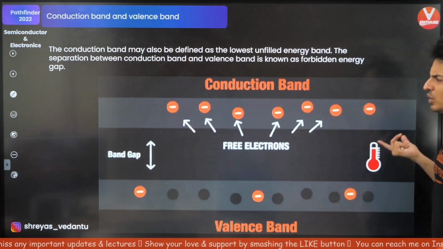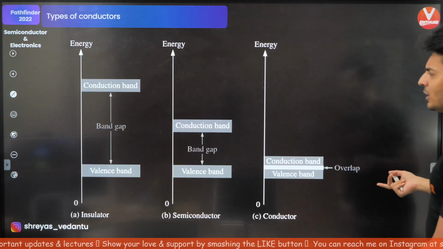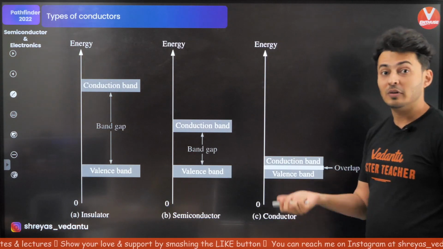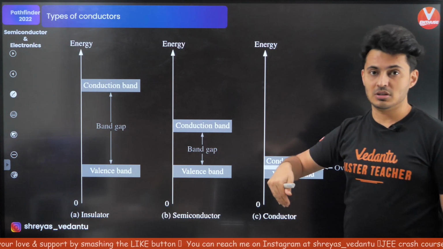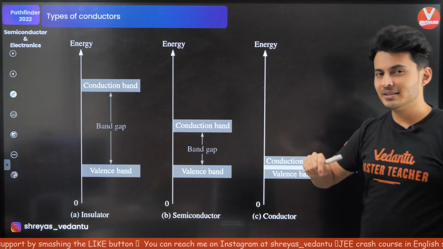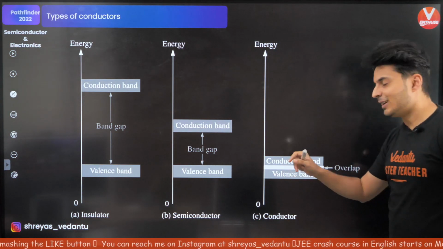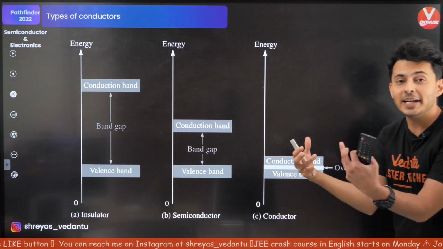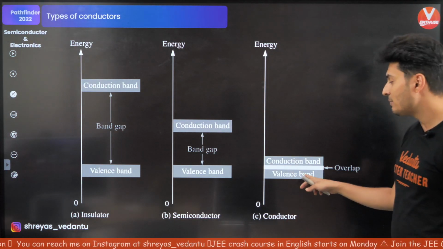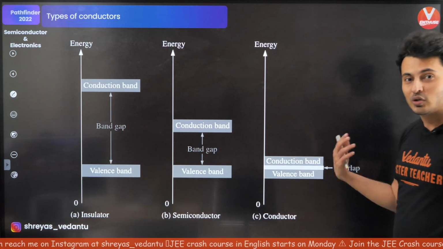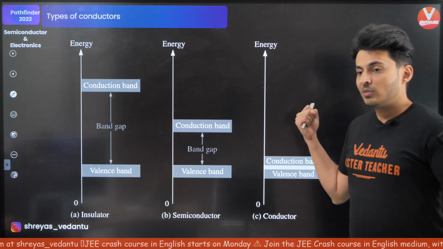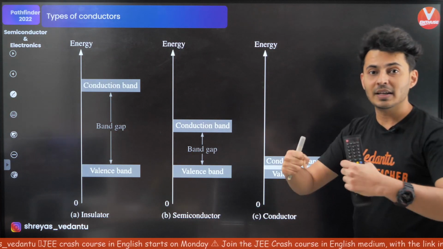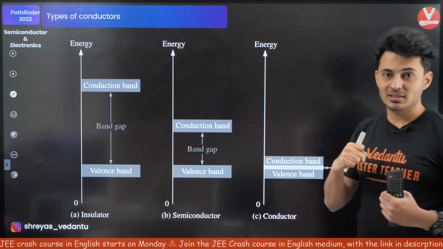Then you'll be like, sir, the same thing should happen for a conductor also. For a conductor also, if I increase the temperature, conduction should increase and resistance should decrease. No. Reason? There are already enough electrons in the conduction band. It's already crowded because of the free pass between these two bands. So when it is already crowded and when you increase the temperature, the crowding effect with the thermal energy makes it worse.